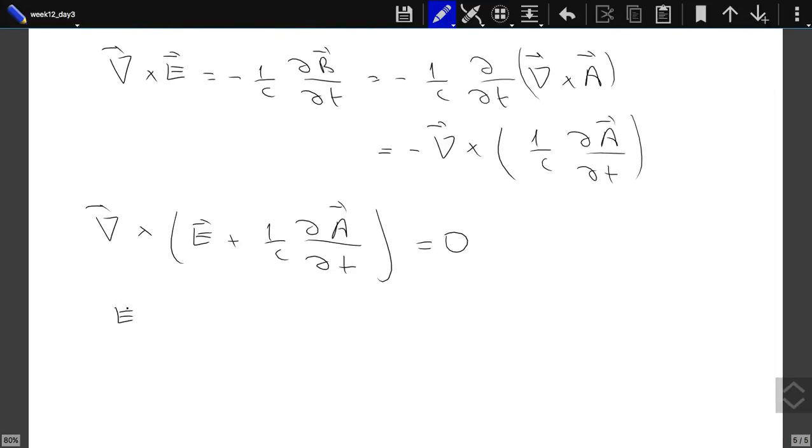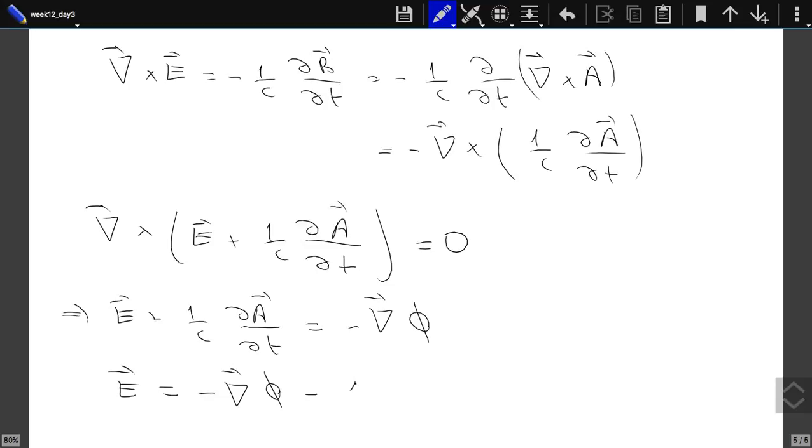So even in electrodynamics, we can call this quantity minus the gradient of some potential. Or the electric field will be minus the gradient of some potential minus 1 over c dA by dt.